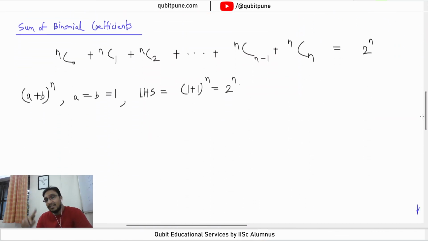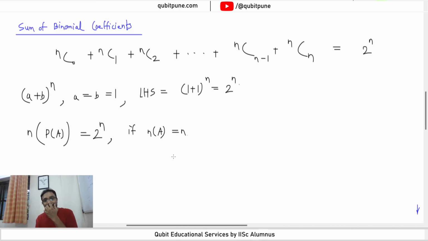Now this takes us back to our discussion on sets and relations, where we said that the number of elements of the power set of A is 2 raised to n if the cardinality or size of A is n. Why does that work here?